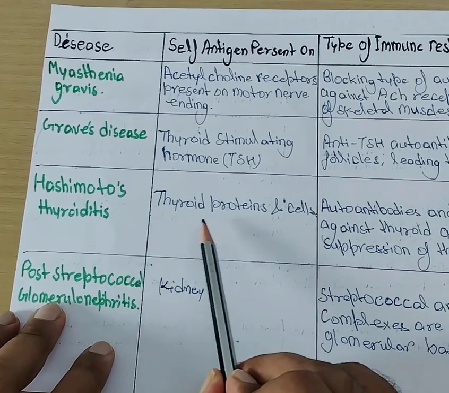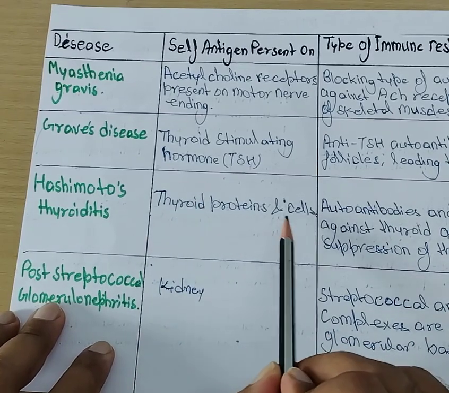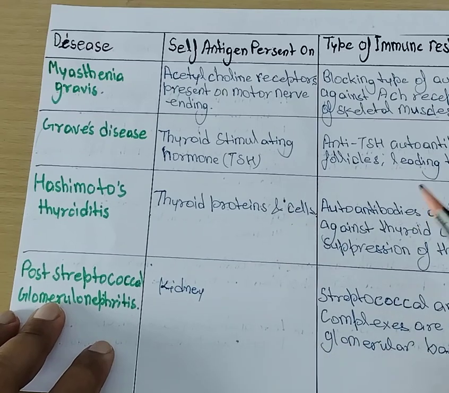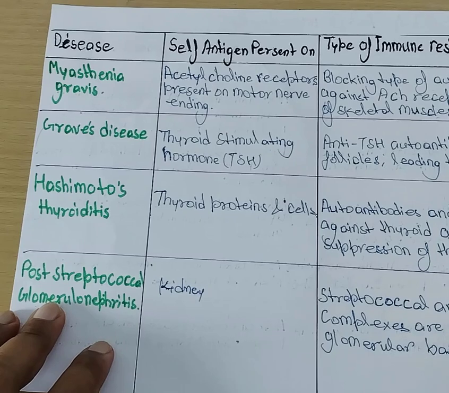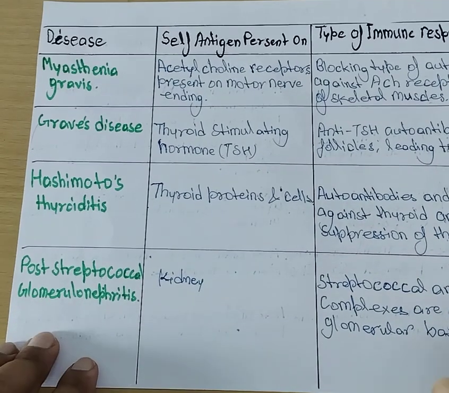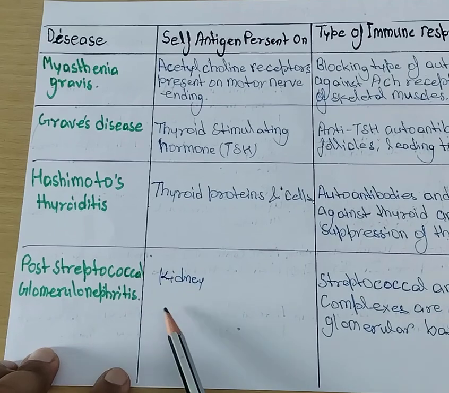Hashimoto's thyroiditis. Here thyroid protein and cells act as self-antigen. Autoantibodies and delayed type hypersensitivity T cells targeted against thyroid antigen lead to destruction of the thyroid gland. Post-streptococcal glomerulonephritis.